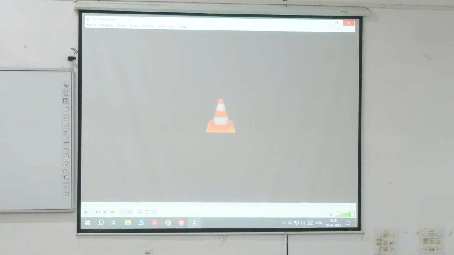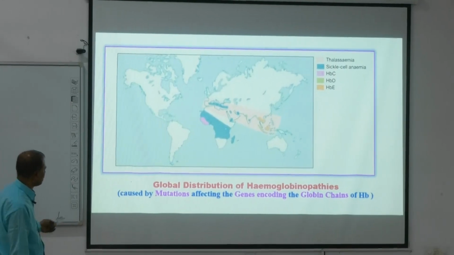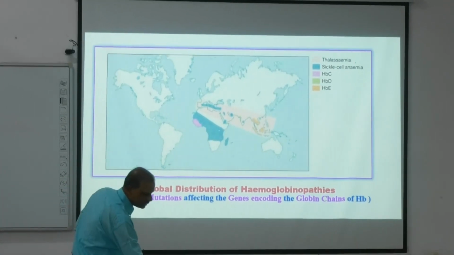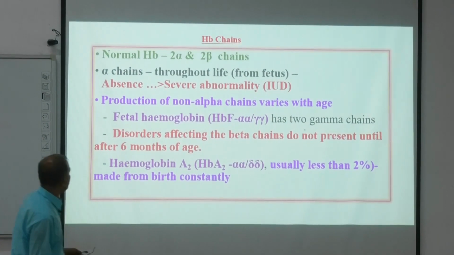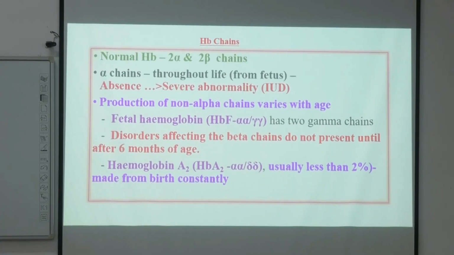Thalassemia is also a common disease, caused by deletion of the genes. Normally there are two alpha genes, and alpha is related to life.